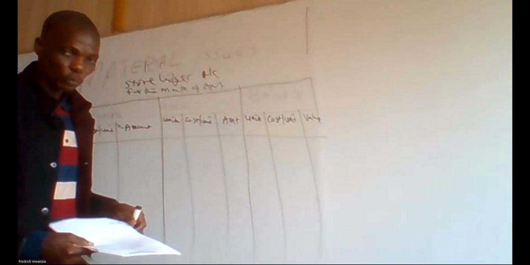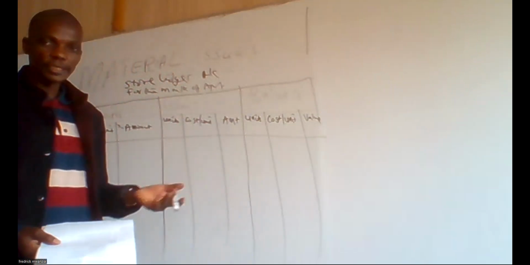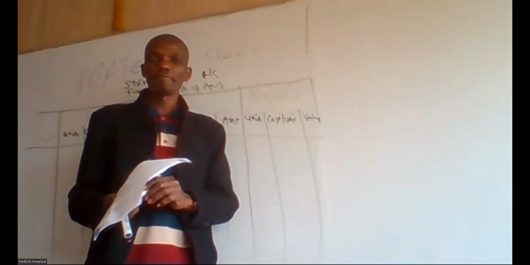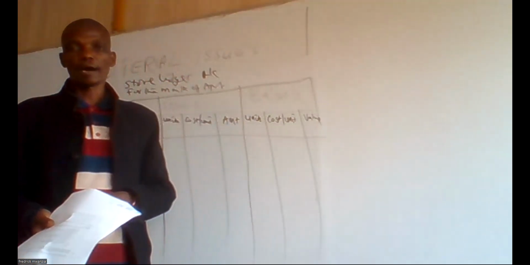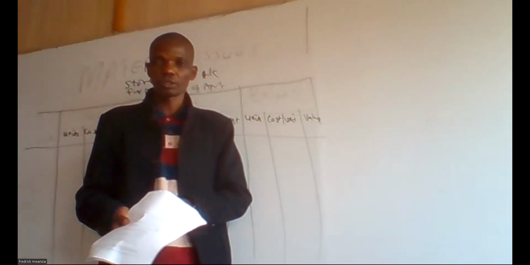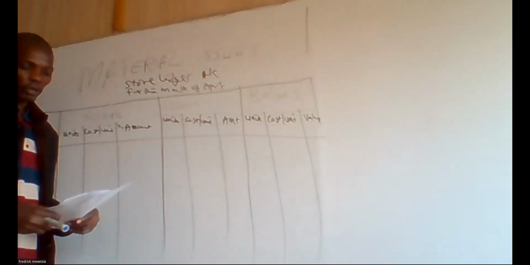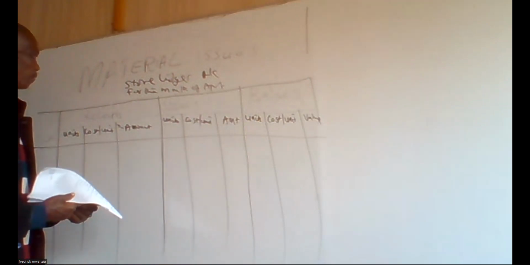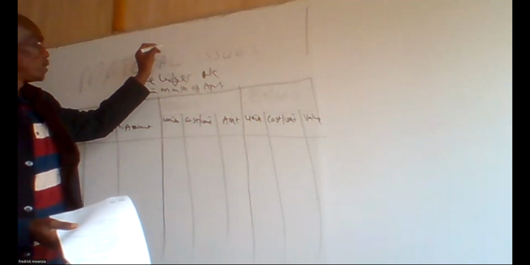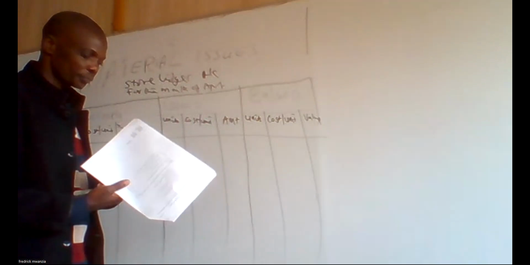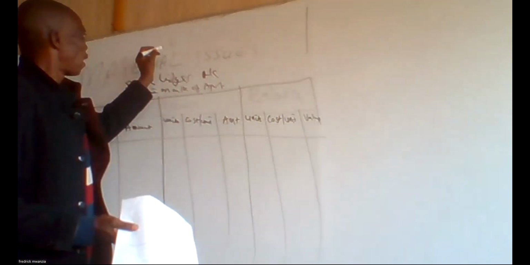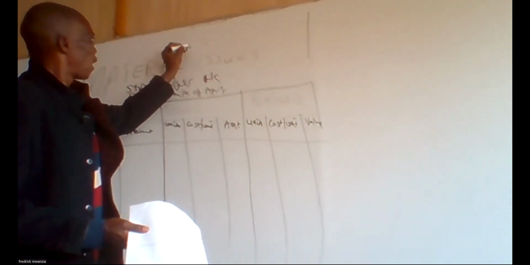Now we want to look at this question. As I've said, we are going to discuss those four methods: the LIFO, the FIFO, the weighted average price, and the weighted average cost. Actually, we are going to use one equation for all those four methods. We start with the first one, which is FIFO.